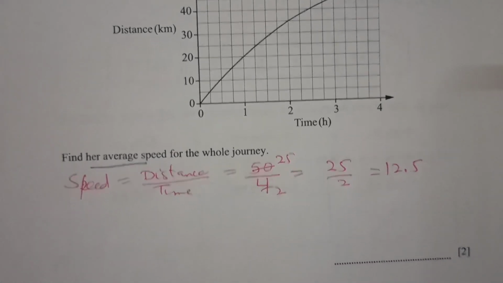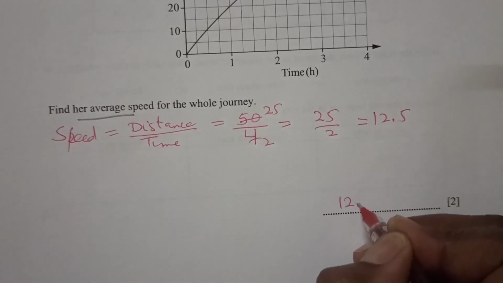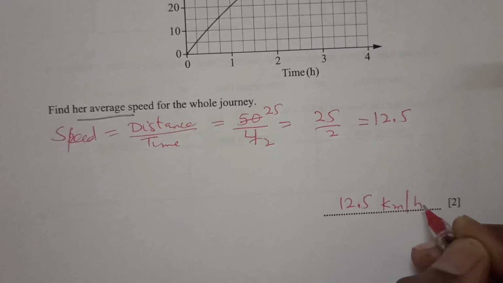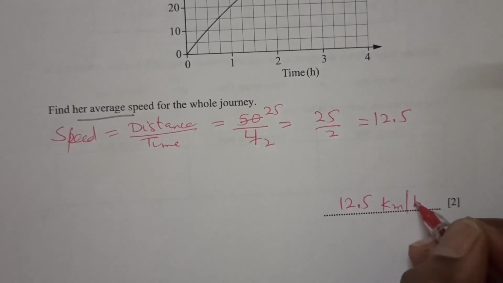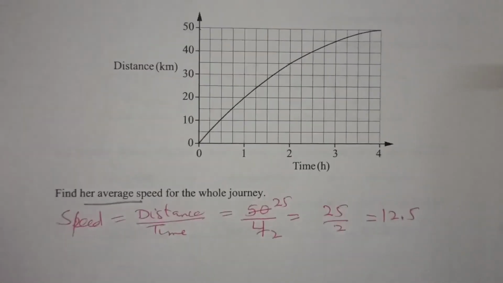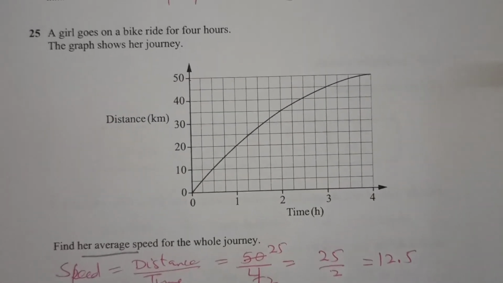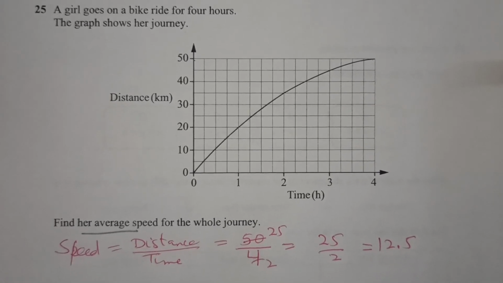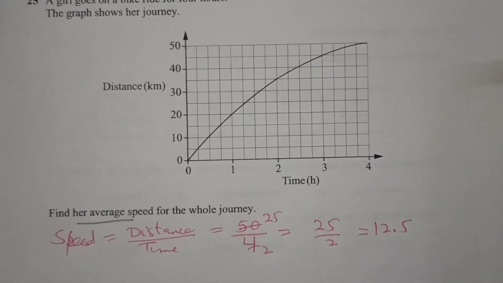So our final answer is 12.5 kilometer per hour. You can see this question, at first sight it seems like it's very hard, but it's very simple. You just need to find out distance and time from the graph, and then just use that in the formula. You will get the speed.